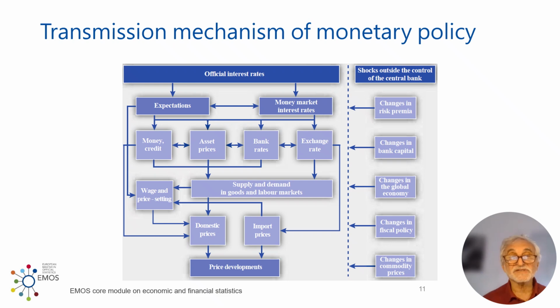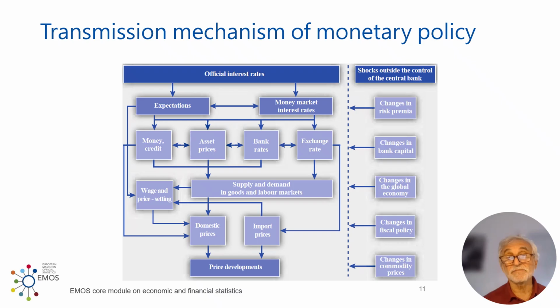It will have effects on credit, for instance: if interest rates get higher, people will take fewer loans because they become more expensive, and if you take fewer loans, then the amount of money in the economy will grow slower. It will have effects maybe on asset prices, such as stock prices, because high interest rates will have effects on enterprises and on their profits, and so the asset prices will adjust.